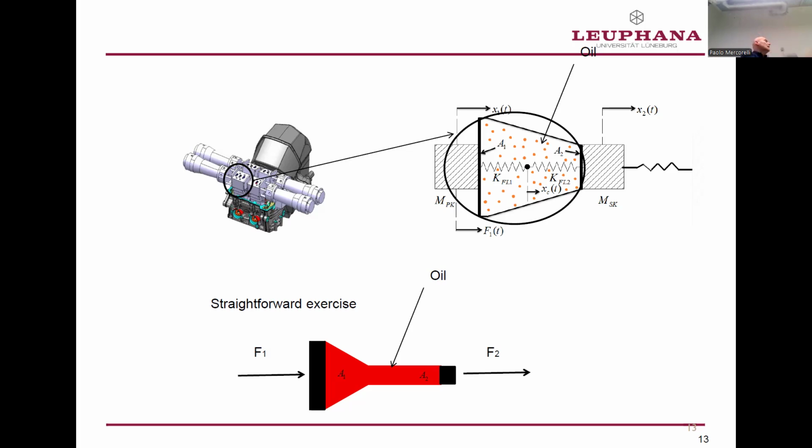Basically, I put, for example, 10 volts, and I generate a force of 1,000 Newton. This means we have a factor of 100 which multiplies the voltage.